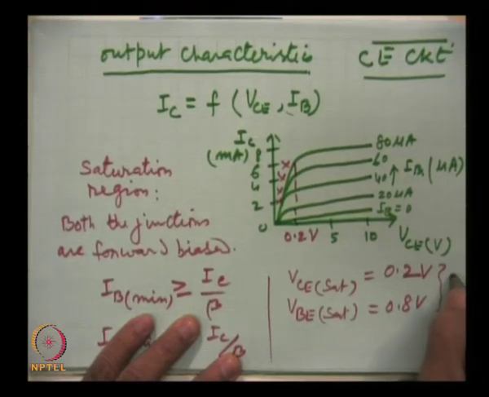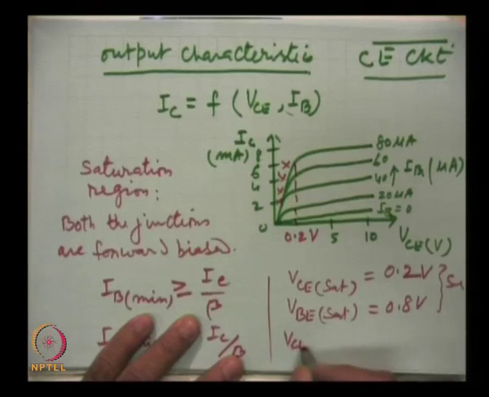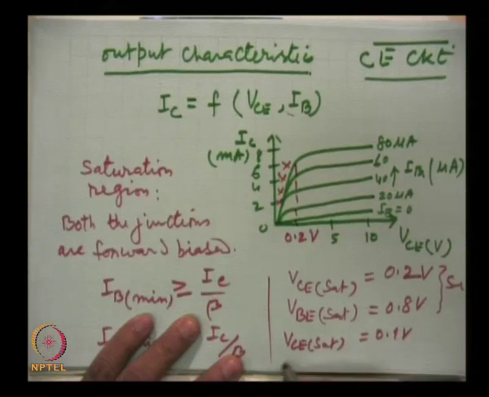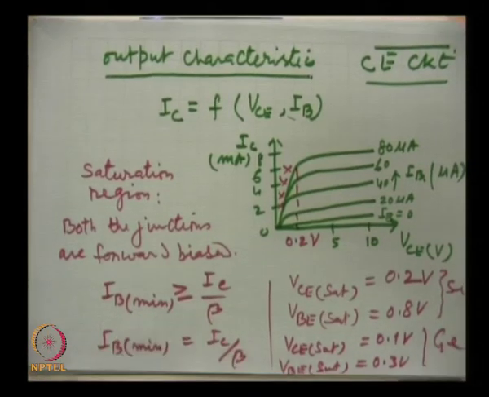This is for a silicon device, and for germanium VCE sat is 0.1 volt and VBE sat is 0.3 volts. This is for a germanium transistor.